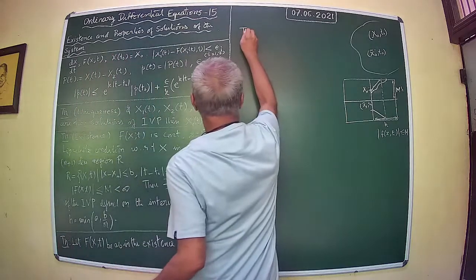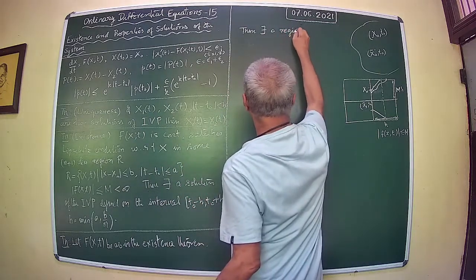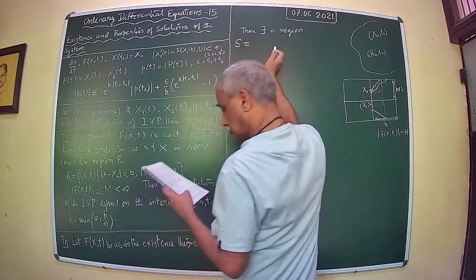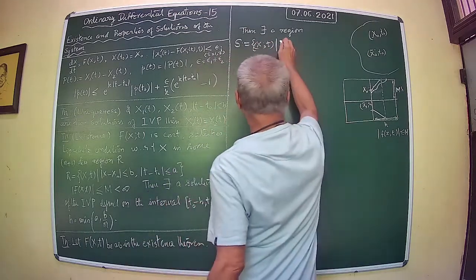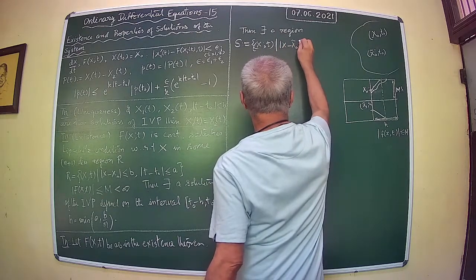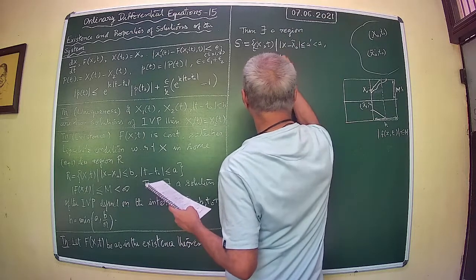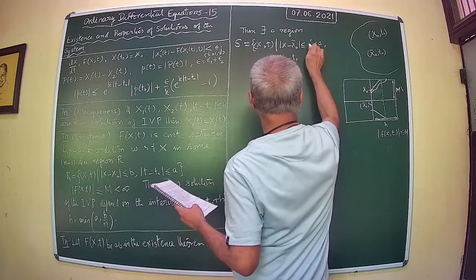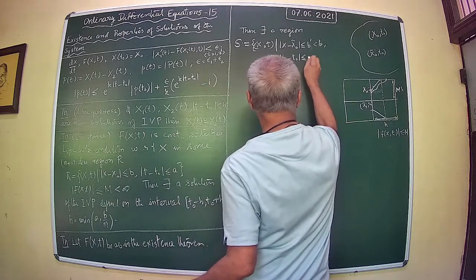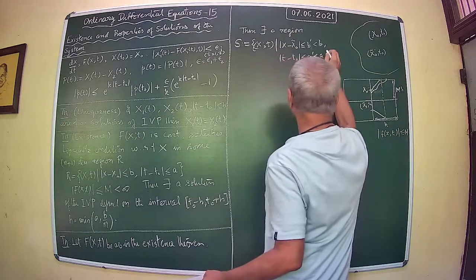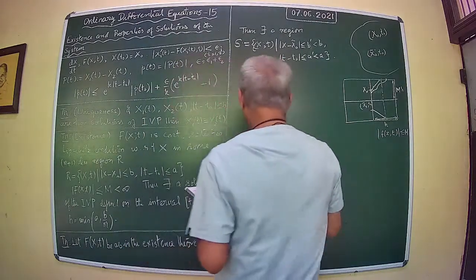Then there exists a region S defined by mod x minus x naught tilde is less than or equal to a prime, mod t minus t naught less than or equal to b, I think I will put b prime, a prime, which is less than a, with the following property.